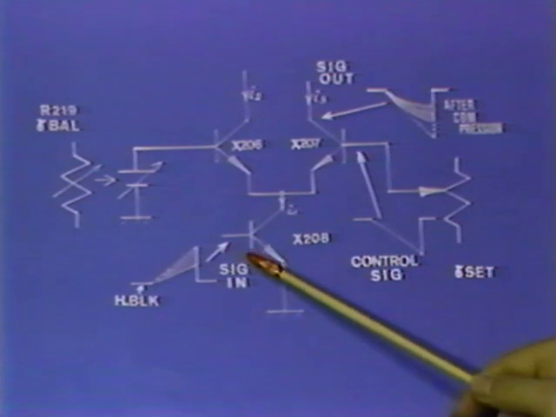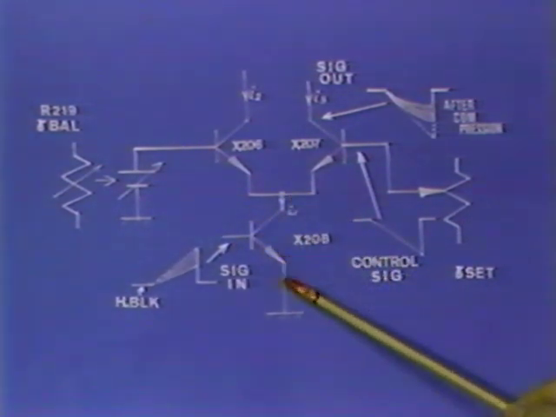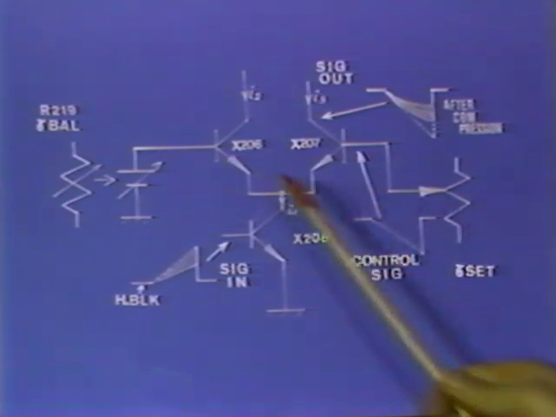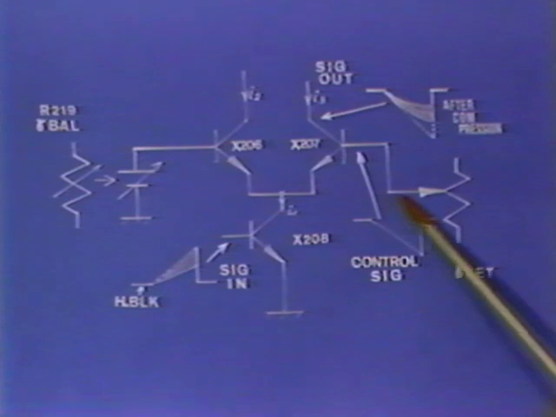I1 is the current through X208 made by the input voltage EI. The peak compensation is done by changing the rate of current distribution in its differential amplifier according to the control signal.